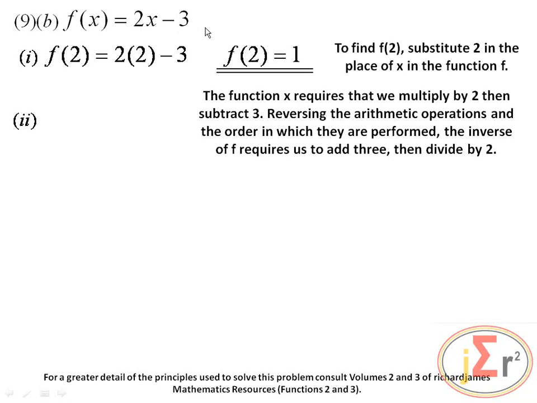We will then add 3, divide by 2. So we will not only reverse the arithmetic operation, we will perform them in the reversed order. So 2x minus 3, or 2 multiplied by x, minus 3. So we will have x plus 3 divided by 2, and that will be the inverse function, f inverse of x.